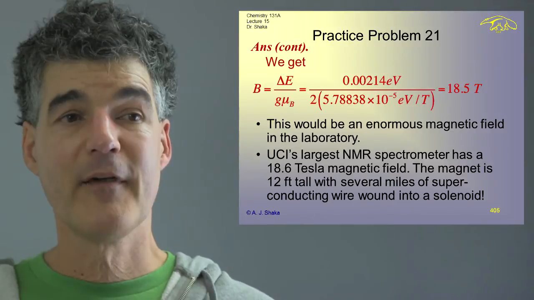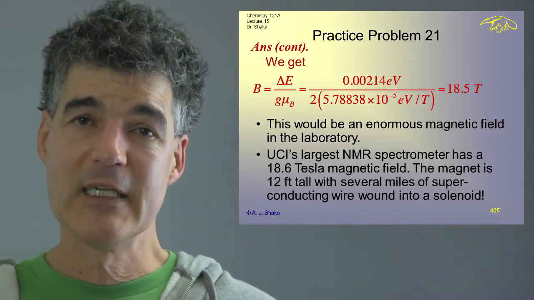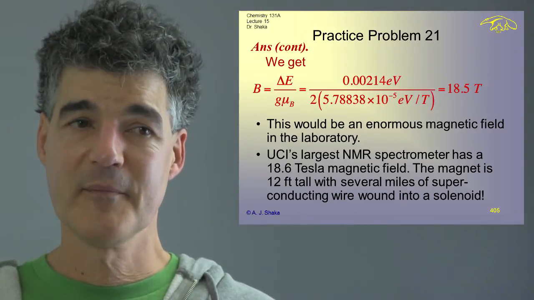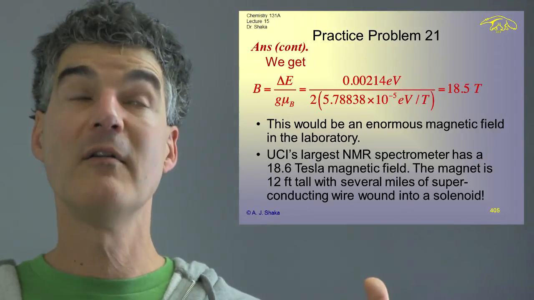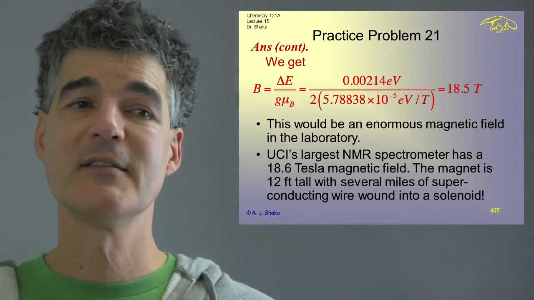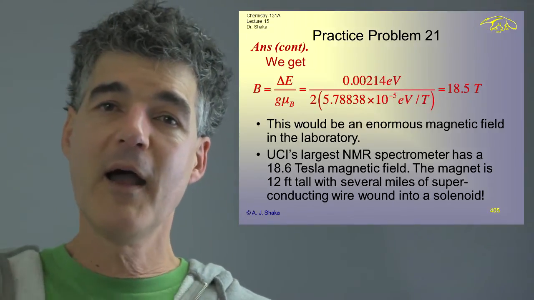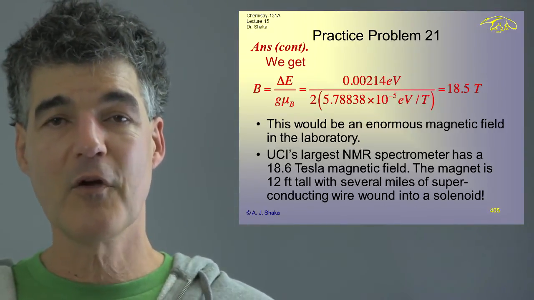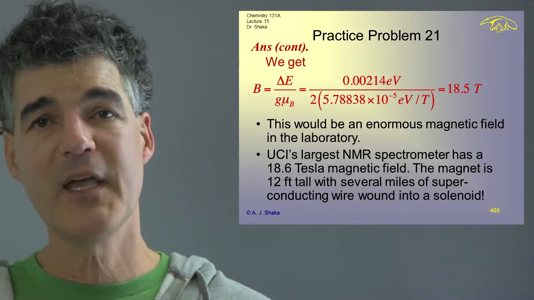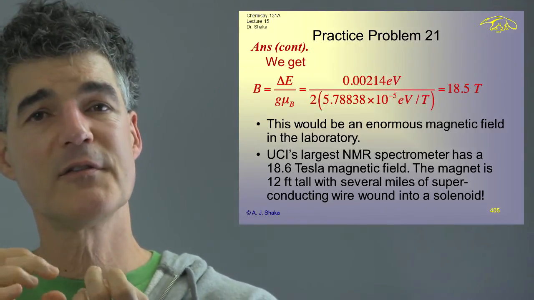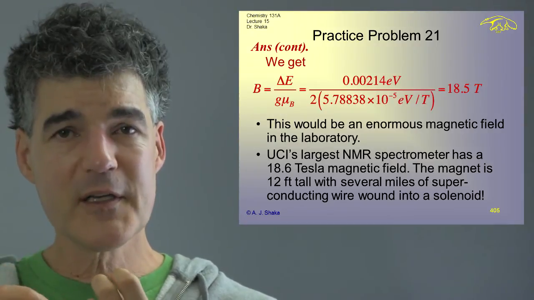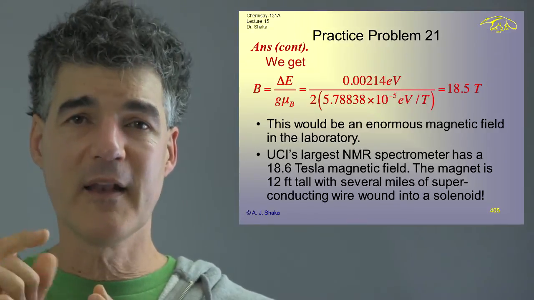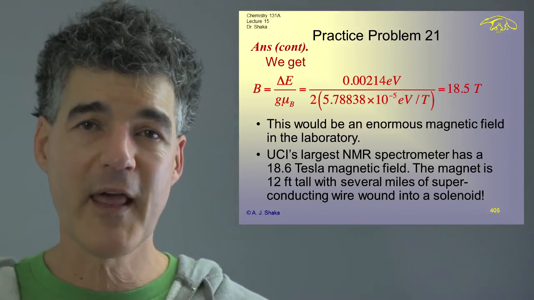In fact, the very biggest NMR spectrometer at UCI has a magnetic field of 18.6 Tesla, but the magnet's 12 feet tall and it has several miles of superconducting wire wound into a gigantic solenoid to make this magnetic field, which is enormous. So you can see that because the particles are so close and things are moving so rapidly, there are very large magnetic interactions on the electron, very large compared to what we can do in the laboratory.